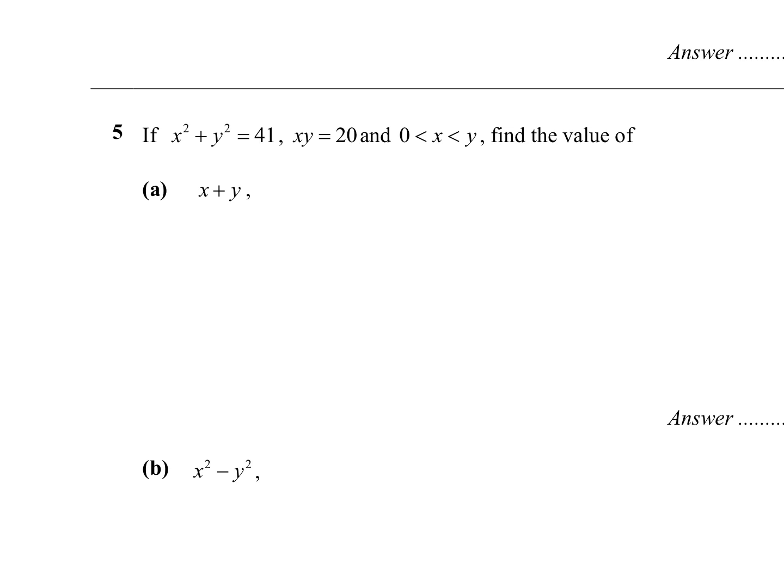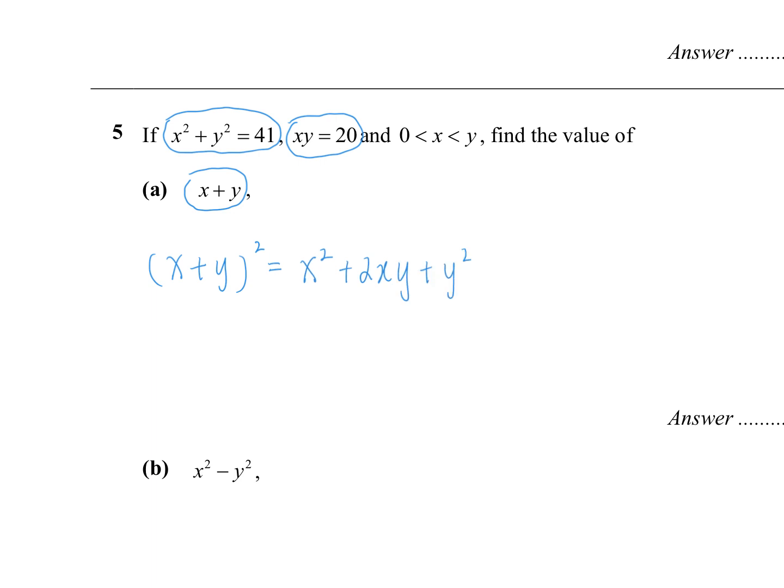Okay, next one. I want to find this. I have these two pieces of info. So at the back of my mind, I think about this rule that I have. So this is x squared plus 2xy plus y squared. Okay, that's good.